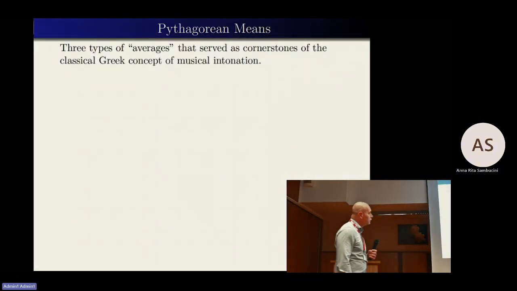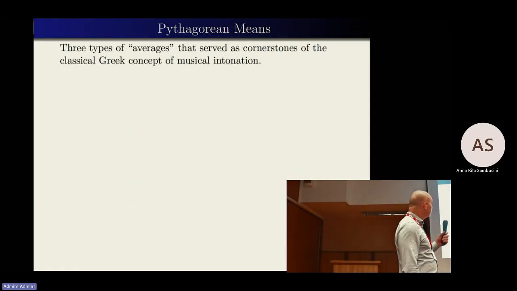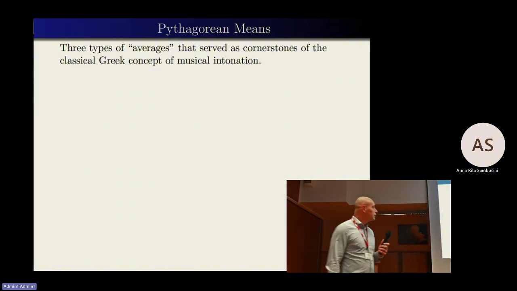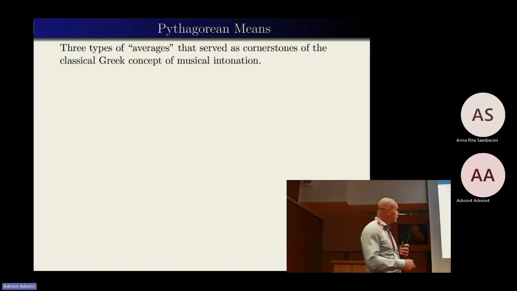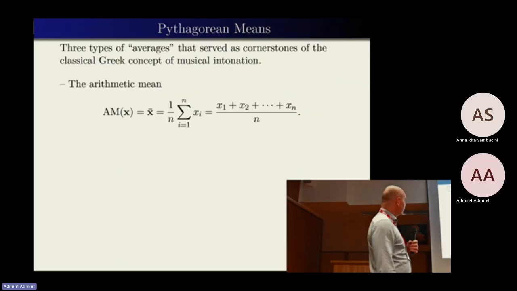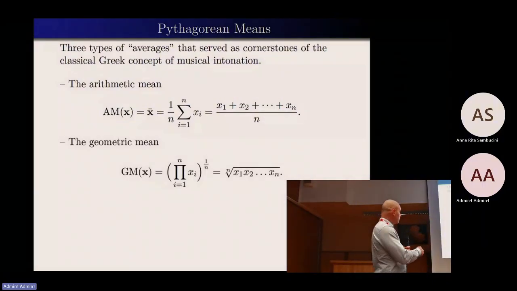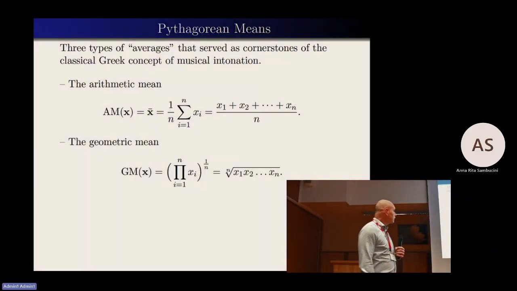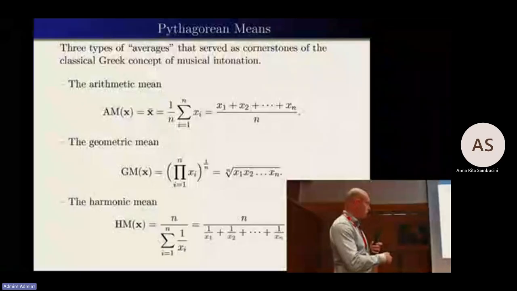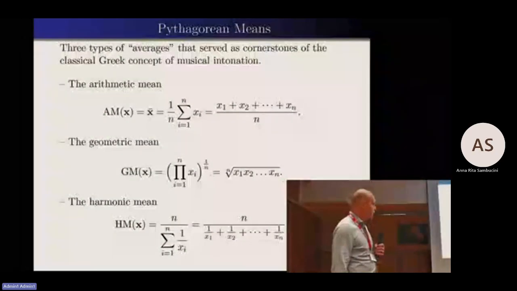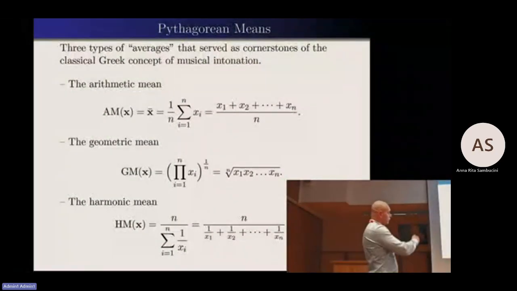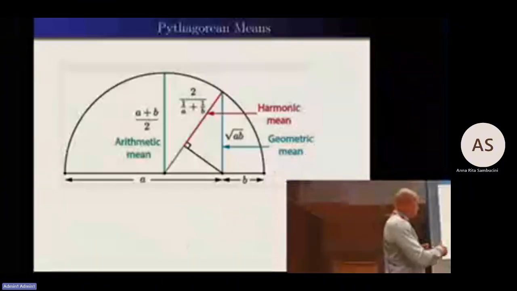Probably, as you all know, there are well-known Pythagorean means. There are 3 types of these means, and the first one is the arithmetic mean, which is defined in this way, as you know. The other one is the geometric mean, and the third one is the harmonic mean, which is defined in this way.